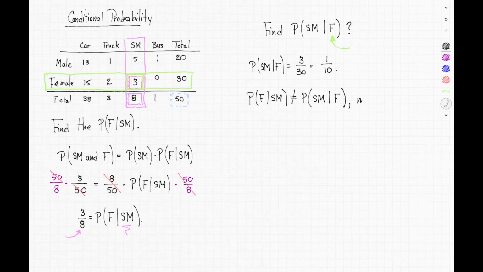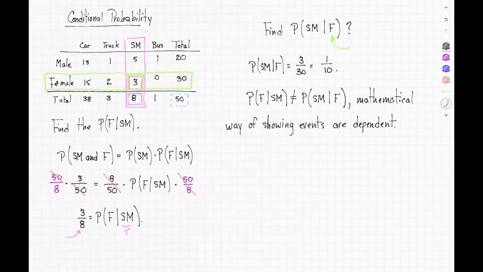When these are not equal, this is the mathematical way of showing that events are dependent. I'm sorry, not independent, dependent. So the order in which they happen makes a difference.